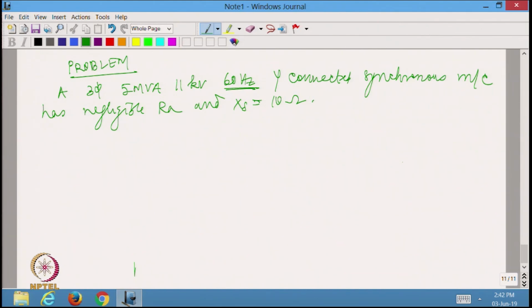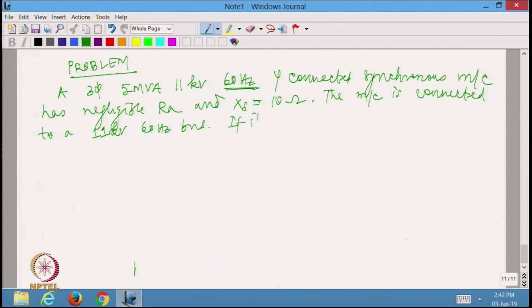Okay? The machine is connected to a 11 kV 60 hertz bus or grid.